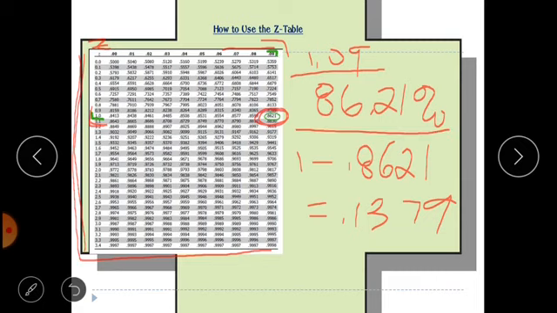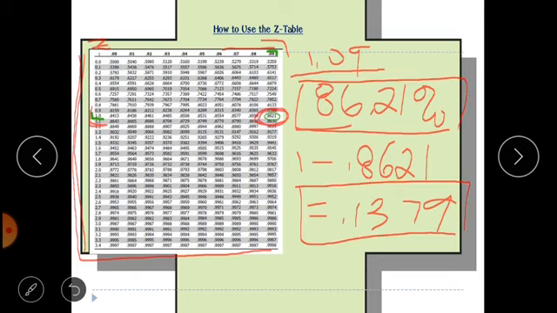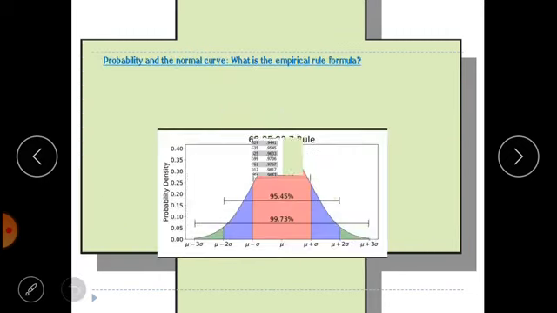This one. And then, yung ating area right, positive z-score, ito, 0.1379. So, kapag gawin nating percentage, yan magiging 13.79%. Okay? So, ayun, yung pagkuha ng z-scores using our standard table.